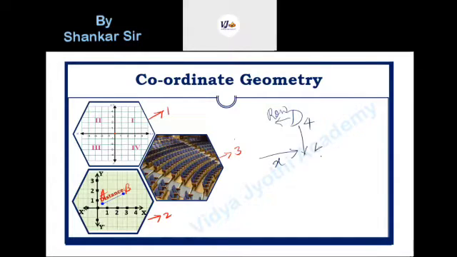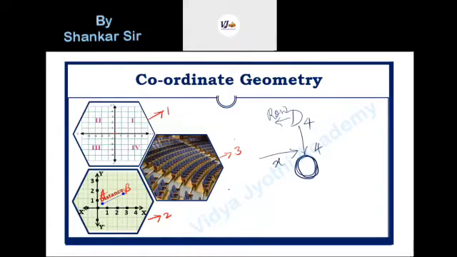That means this is D row, 4th column. In D row, the 4th seat will be your seat, so you sit here and watch the movie, right? This is one example, an application of coordinate geometry.